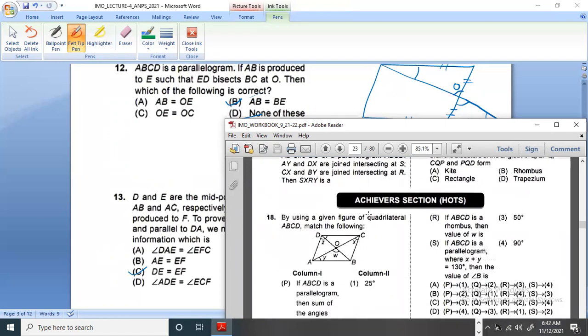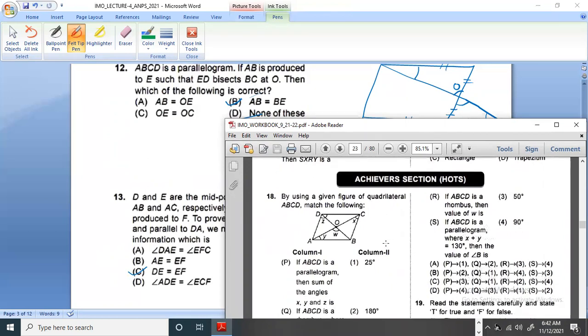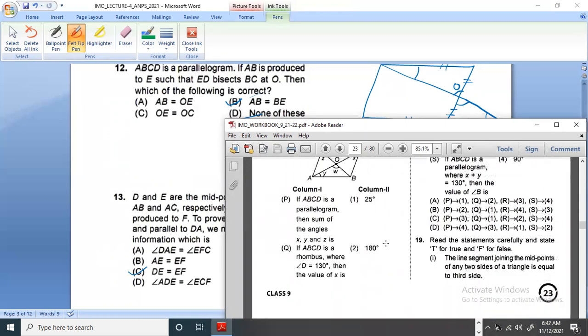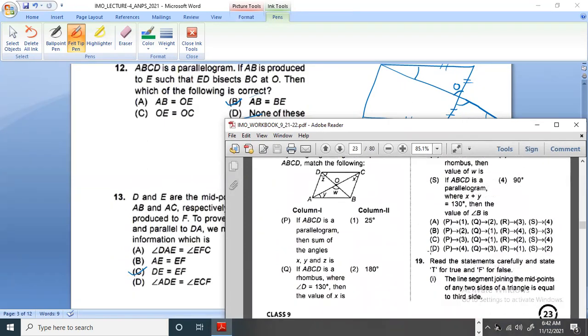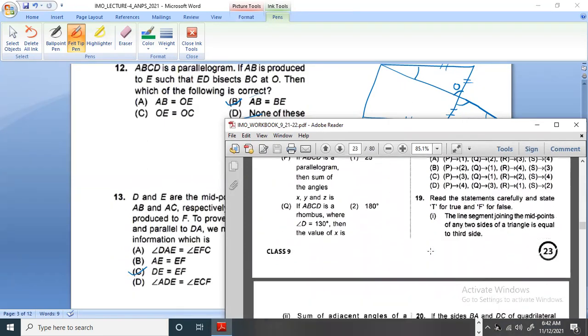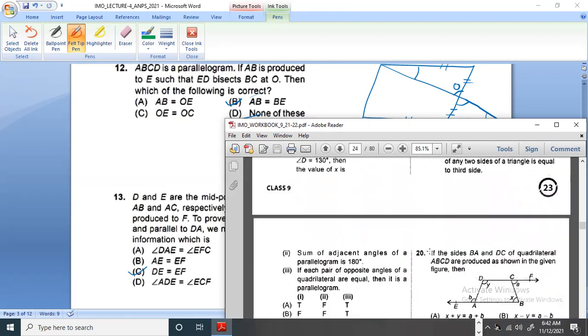Question number 18. Question number 18 also more of same. Quadrilateral ABCD, match the following. Okay, same one. Question 19, true or false? Okay, let us do question number 19.